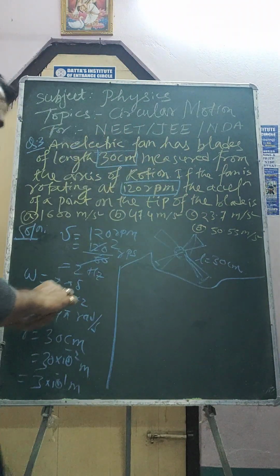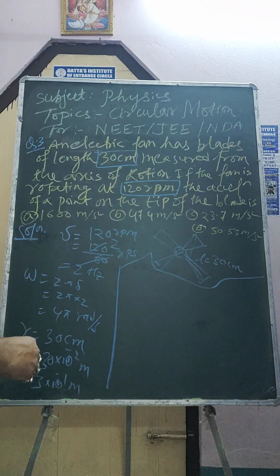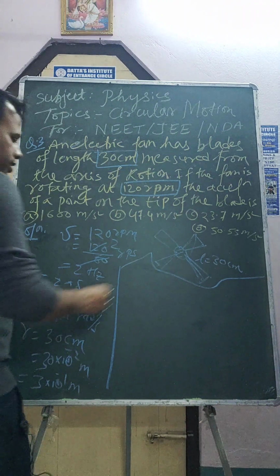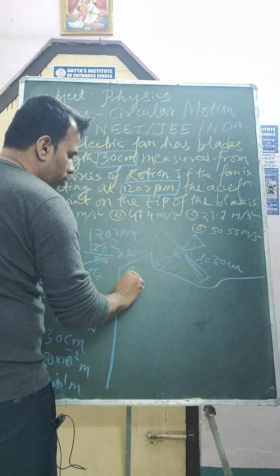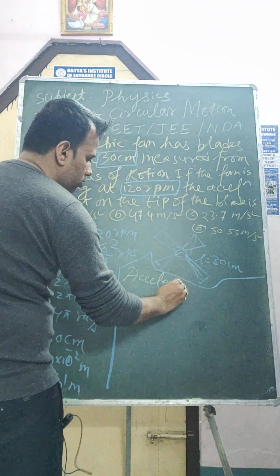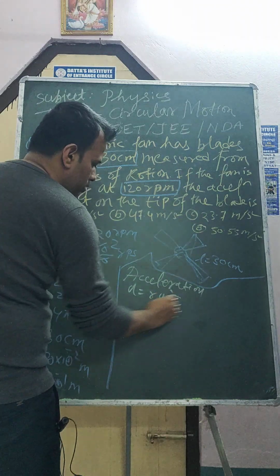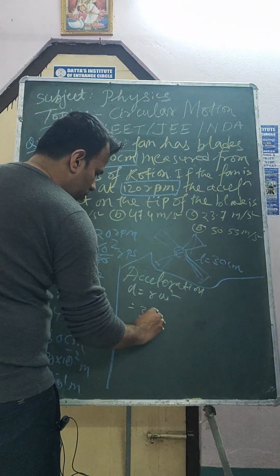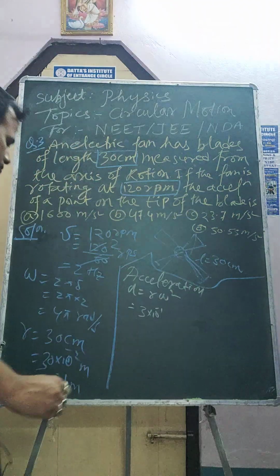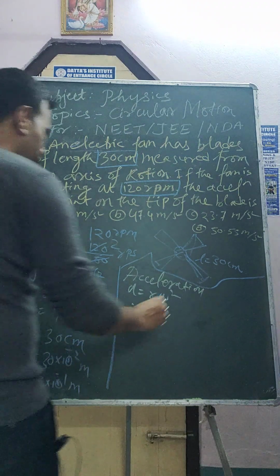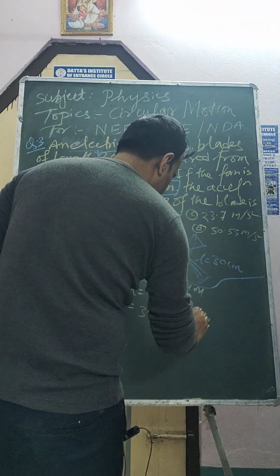Now come here. What is the formula of linear acceleration? Acceleration a is equal to r omega square. That is, r is 3 into 10 to the power minus 1, omega square, omega is 4 pi, it is whole square.